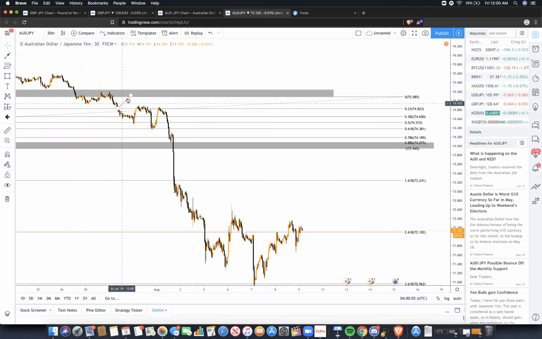Now, the important thing is if it breaks the zone and continues going up, or if it respects the zone and continues going down. One of the things I want you guys to write down right now: the higher the percentage, the slower the retracement.